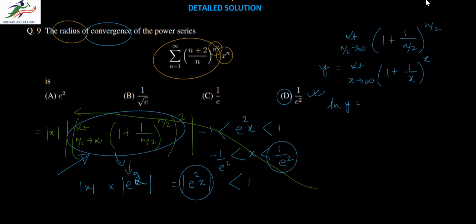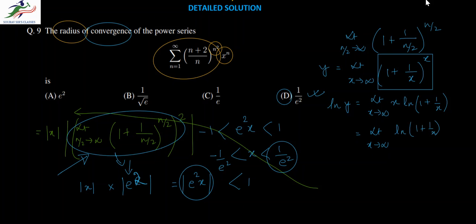is equal to limit x tending to infinity. Ln of this expression will give us x ln(1 plus 1 by x), or we can write this as limit x tending to infinity ln(1 plus 1 by x), and we bring this x down as 1 by x.